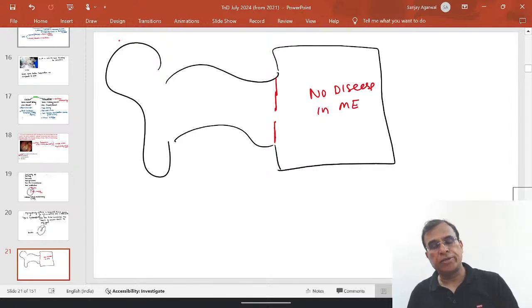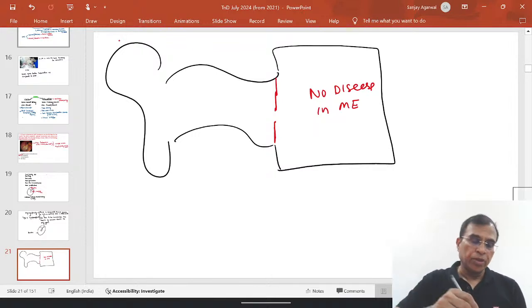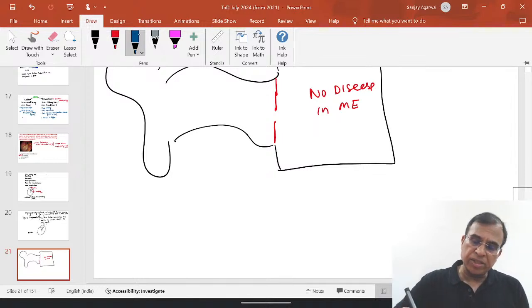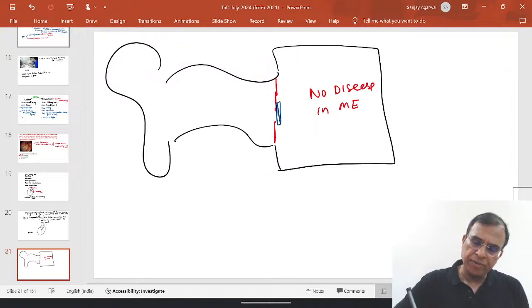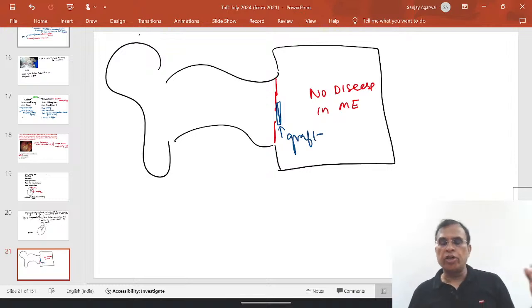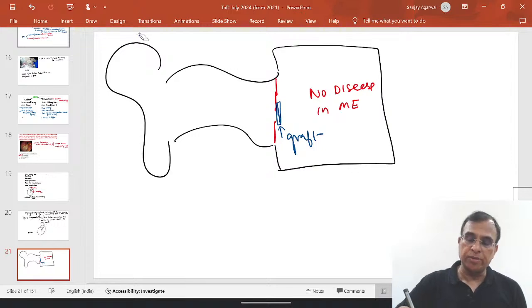No disease in the middle ear. So what will you do? You will just cover this with a graft. You place a graft here. This is a graft. Because you did not have to do anything in the middle ear, this surgery is called myringoplasty surgery.